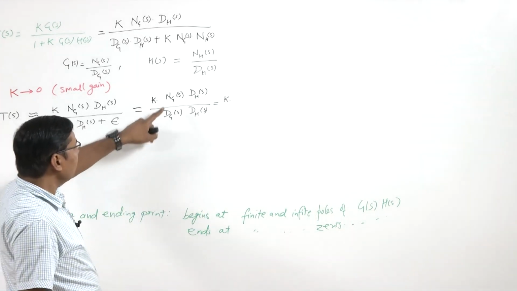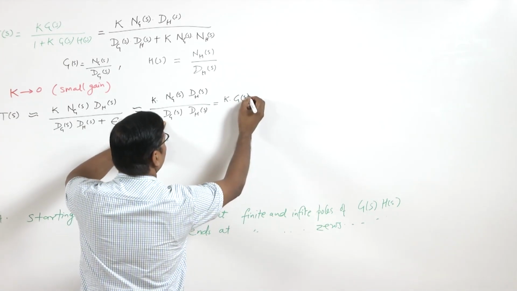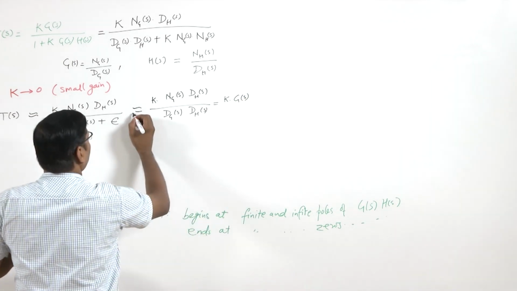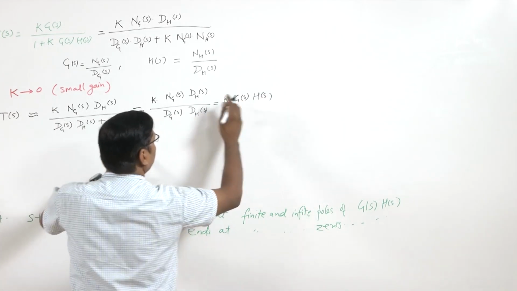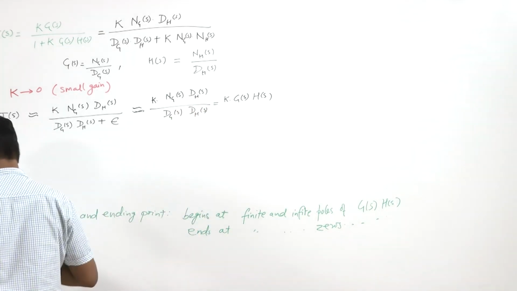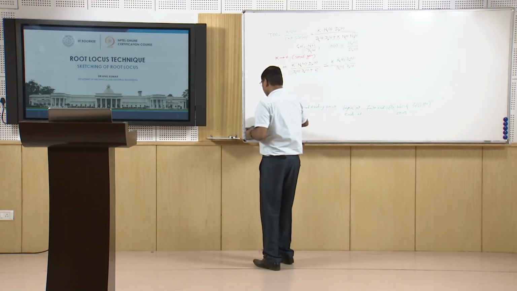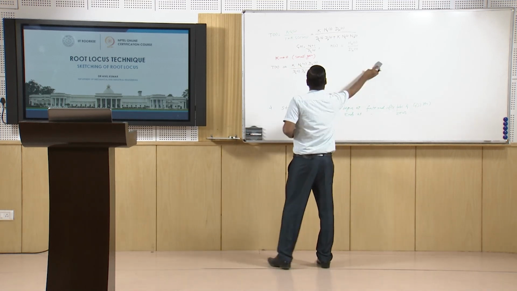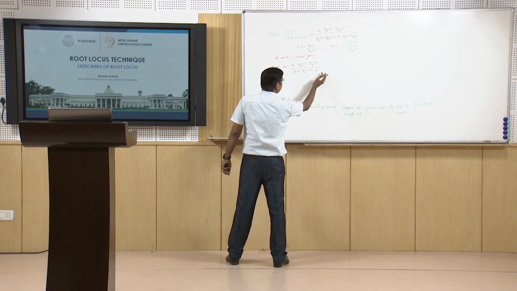Now here N_G(s) by D_G(s) is G(s), this is approximate, and this is H(s). So this is negligible.